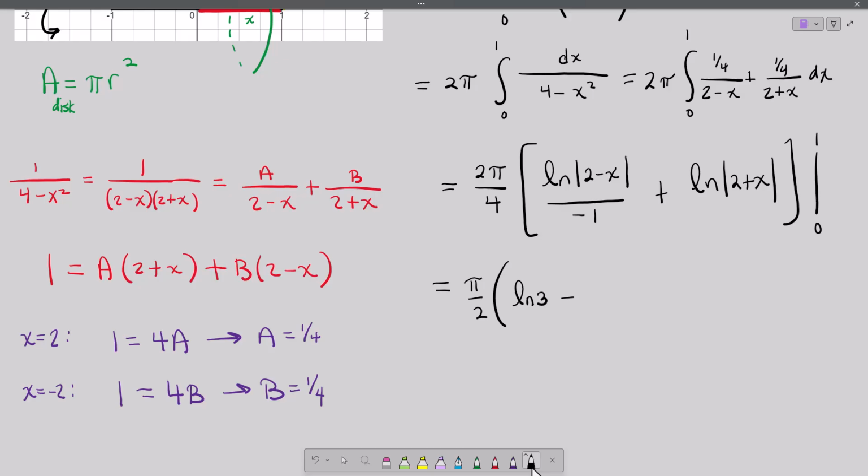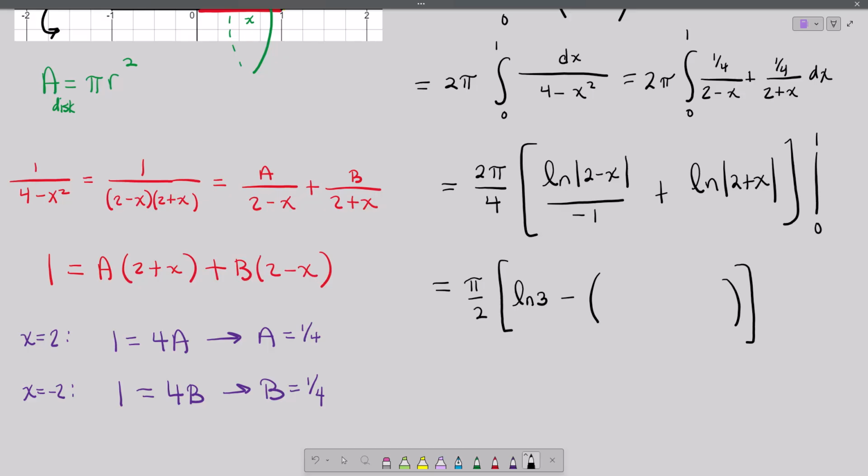So minus, maybe I'll use a bracket still because we're going to have to subtract off all this. Might be easier not to distribute the minus until after we write it down. So it's upper limit minus this whole thing evaluated at 0.